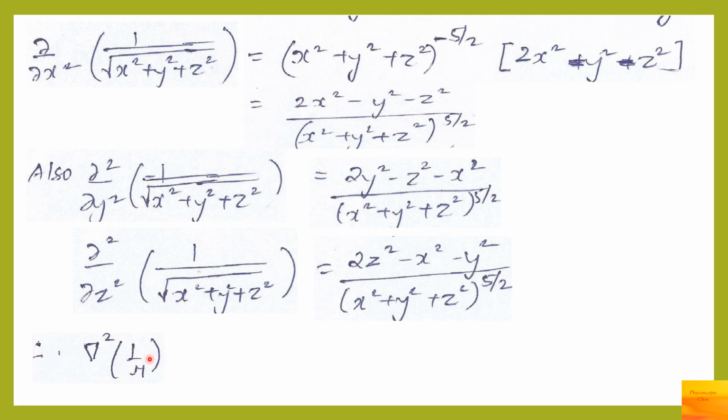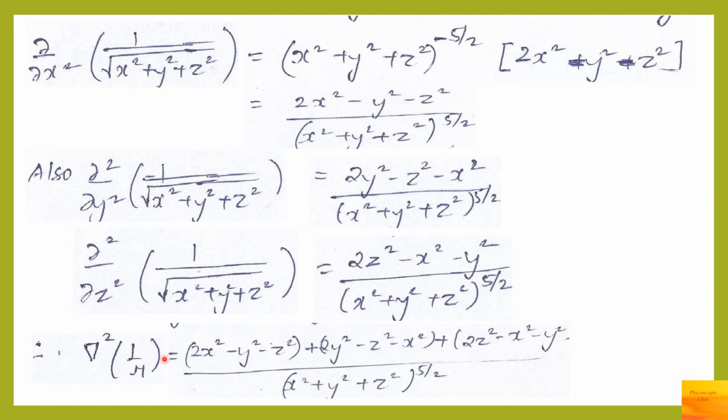So we can find del square of 1 by r. Add up all these terms. The denominator is the same. If you see, this is 2x square and this is minus x square, and minus x square becomes minus 2x square. So minus 2x square and plus 2x square cancels out.